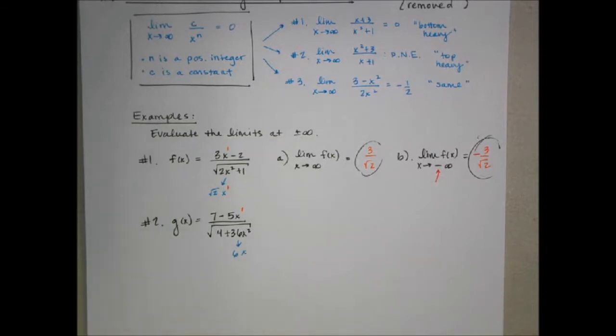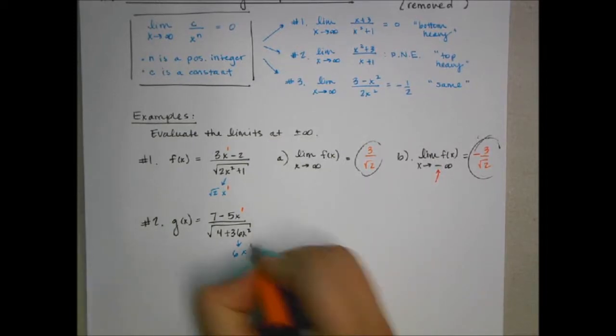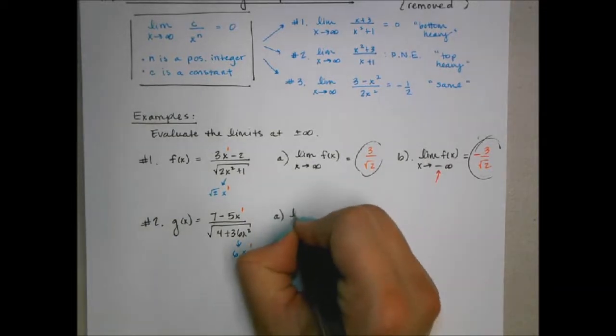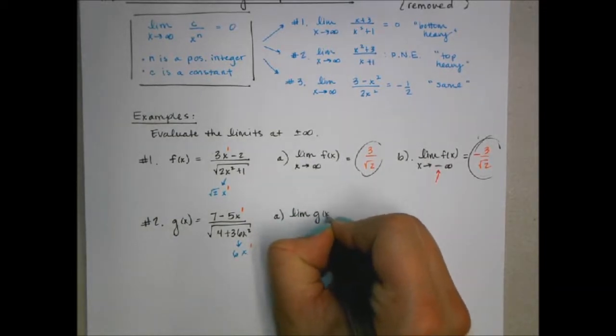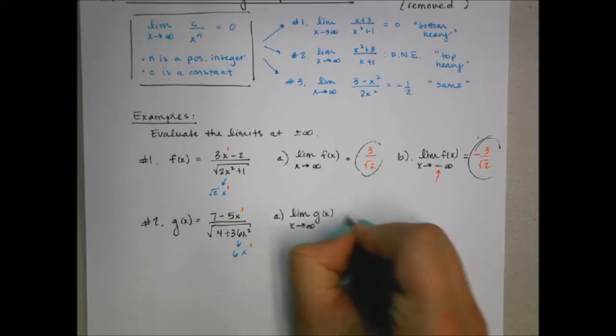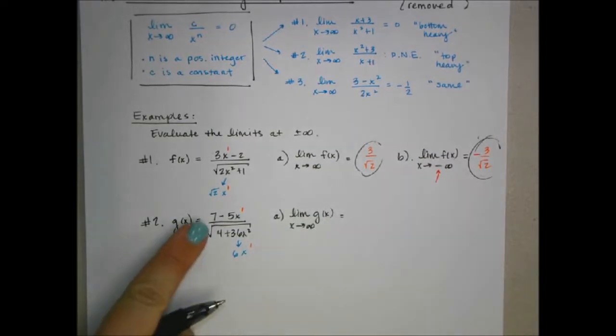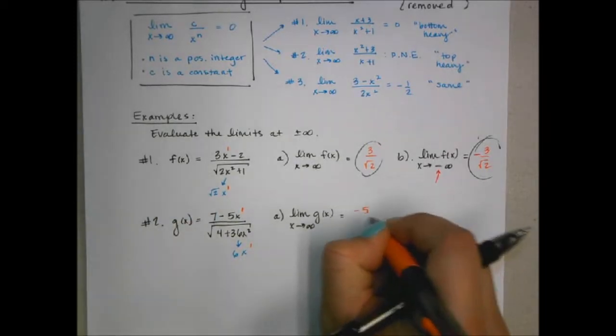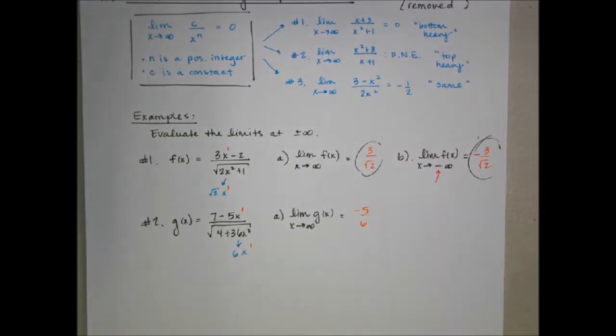So again, I have the same highest power on top as on the bottom. So for part A, my limit of g as x approaches infinity would just be the ratio of the leading coefficients, negative 5 over 6. All right, that's part A.